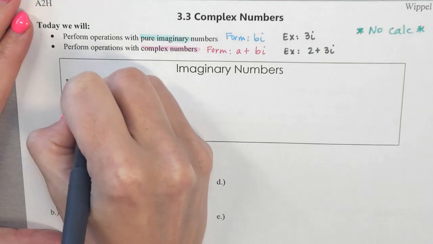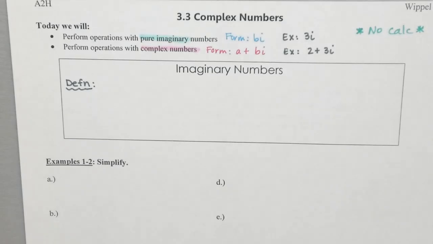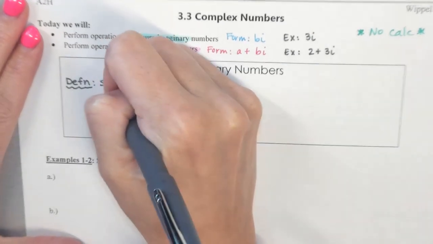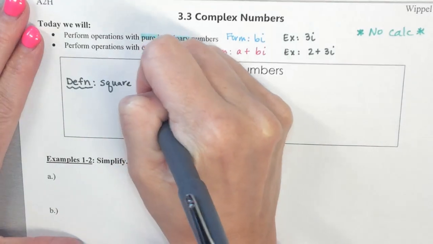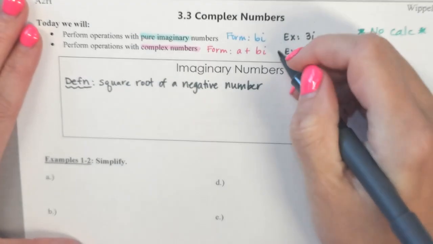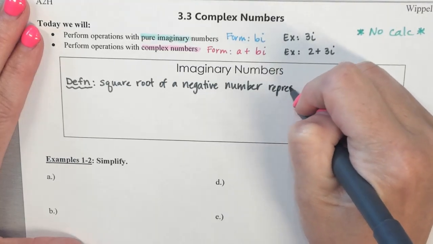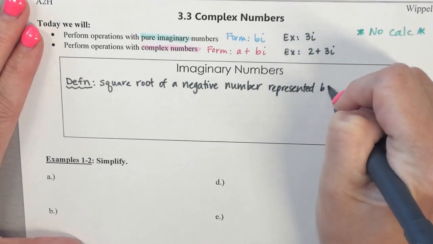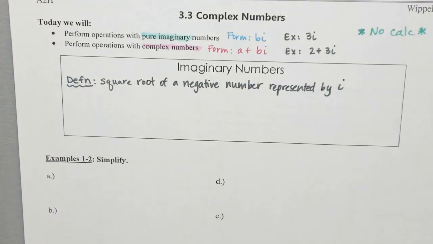So the definition: it is the square root of a negative number represented by i. I for imaginary.